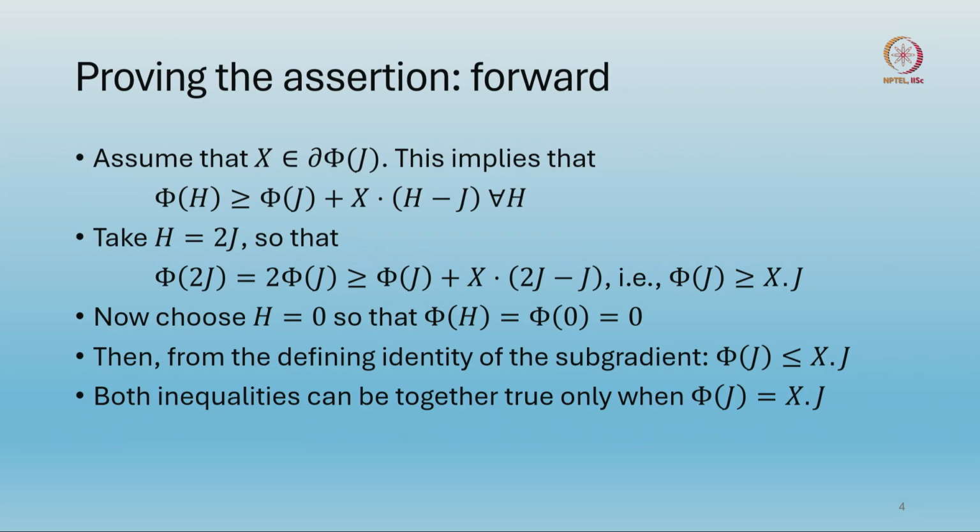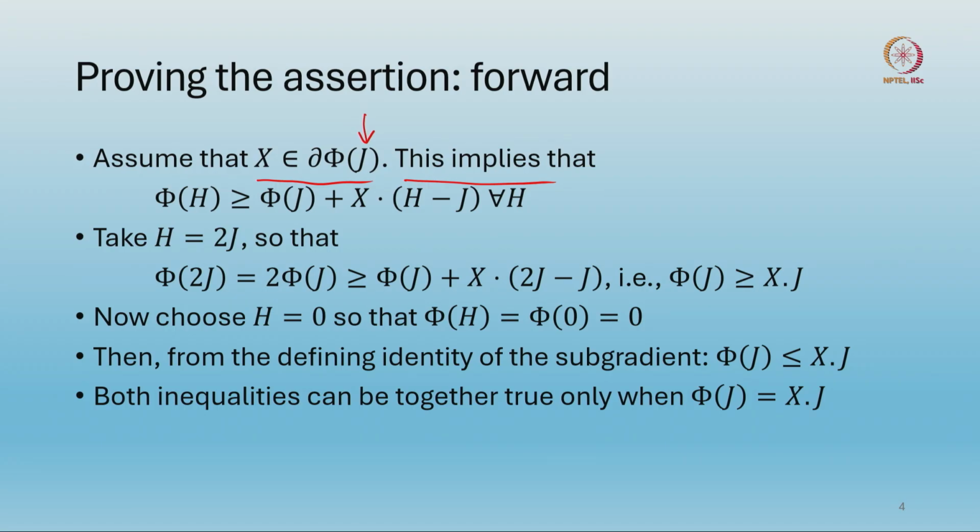So, assume that x is in the subdifferential of phi. This implies by definition of the subdifferential that there will be some h, because I am taking the subdifferential at the point j in the plastic strain rate space.